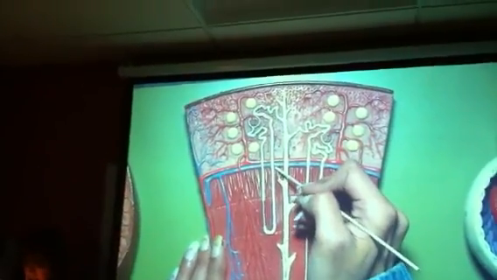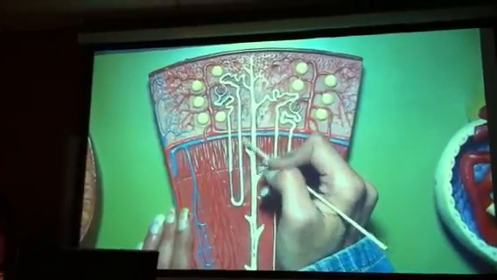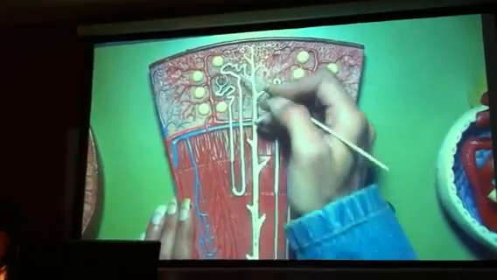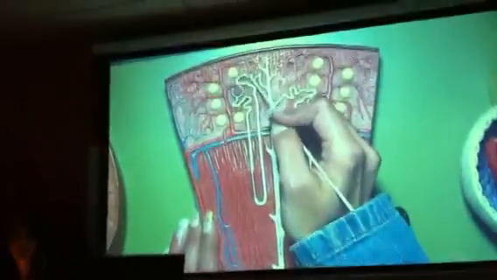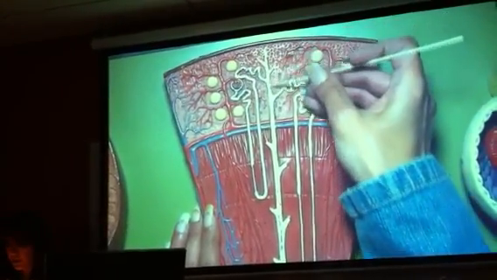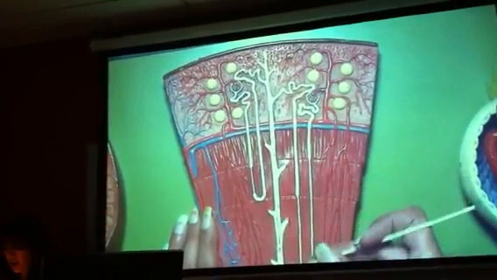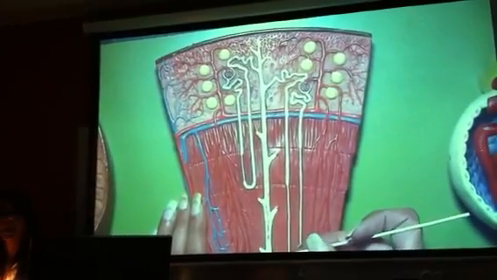This is the ascending limb of the loop of Henle. What's connected to this big guy here is going to be the distal convoluted tubule. And the distal convoluted tubule is connected to this guy here, and this guy is the collecting duct.